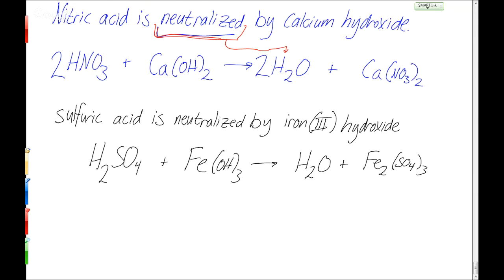Okay, so then we have to balance this. We're going to need 2 of these, 2 of these. Oh, that doesn't work. So we got to have 3 of these first, right? Or 6 of those. No, 6 of the H2Os. Okay, 6 water.